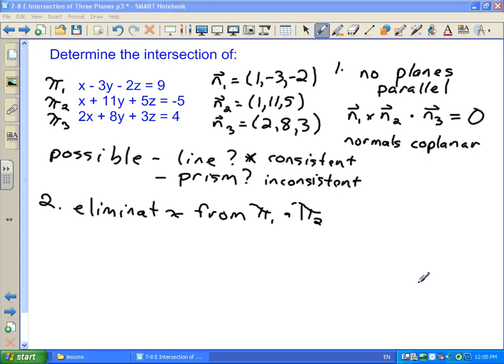And we're going to do that just by subtracting them. So if I do plane 1 minus plane 2, let's see what I get here. I get the x's go away. I get negative 14y minus 7z and 4 equals 14. Okay, just subtracting those two.